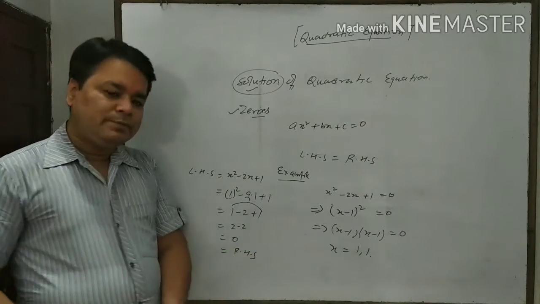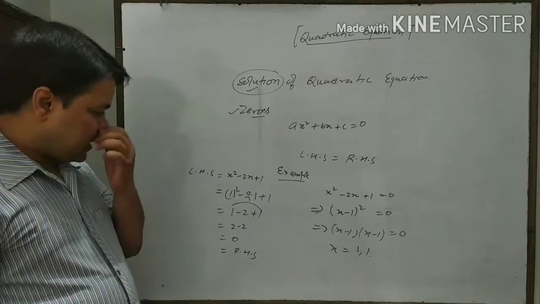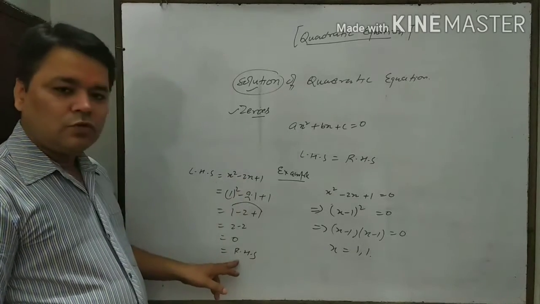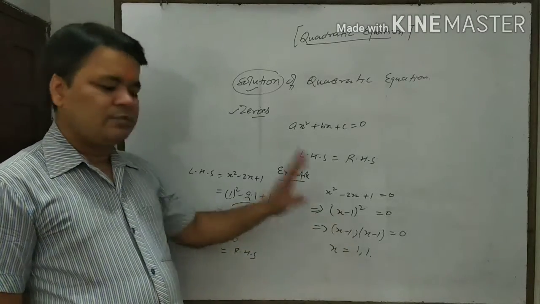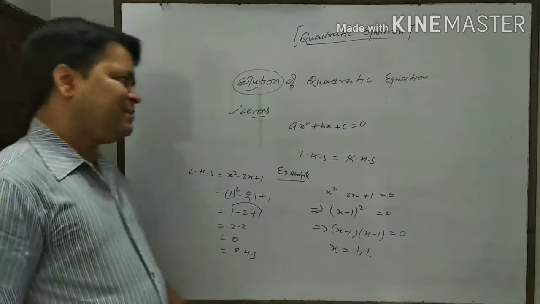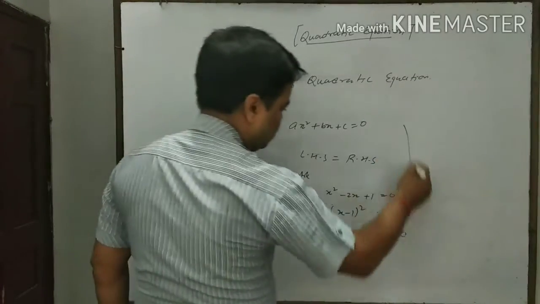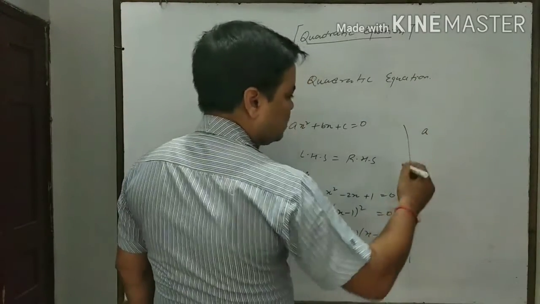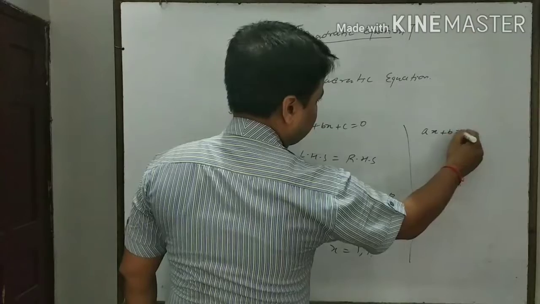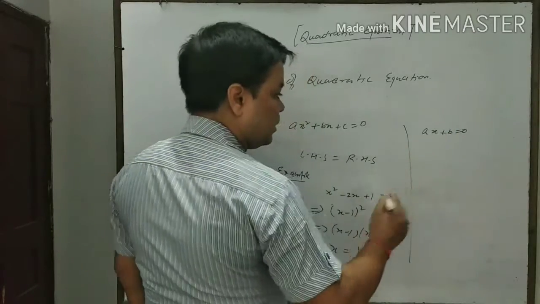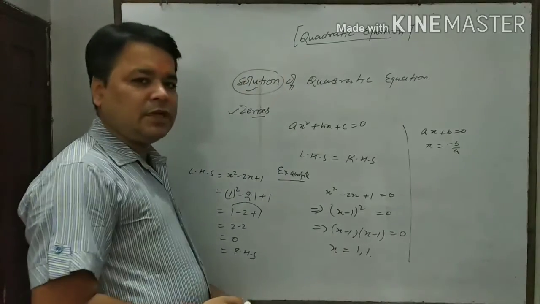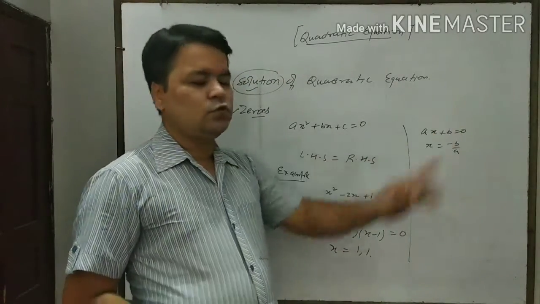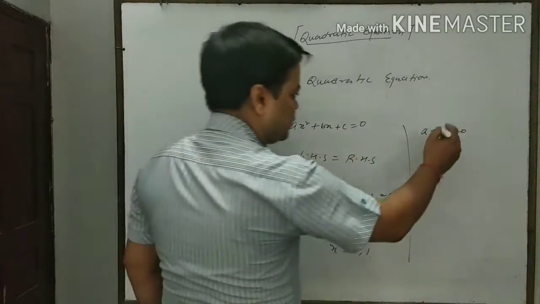So therefore here left hand side is equal to right hand side. Then we can say that here 1 is the solution of this equation. One thing more: if we have the standard form of the linear equation ax plus b is equal to 0, the value of x will be minus b by a. It means there is only one solution for the linear equation.